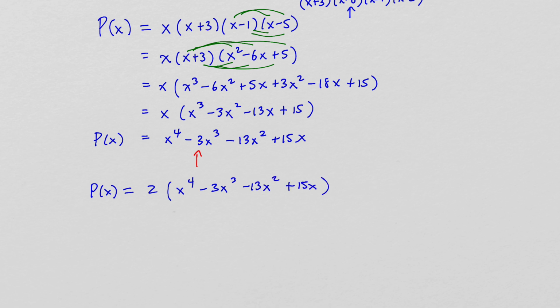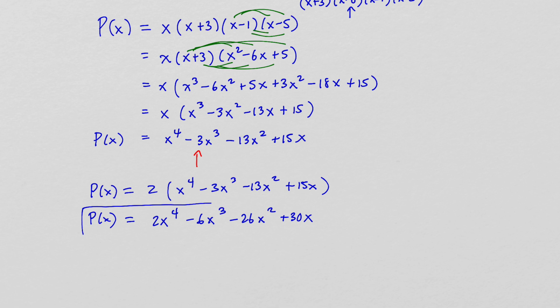Now, notice that when you multiply a polynomial by a constant, it does not change the factors of the polynomial. So you have the same zeros, but multiplying everything by 2 is going to give me the -6 that I want in this spot. So we have 2x to the fourth minus 6x cubed minus 26x squared plus 30x.